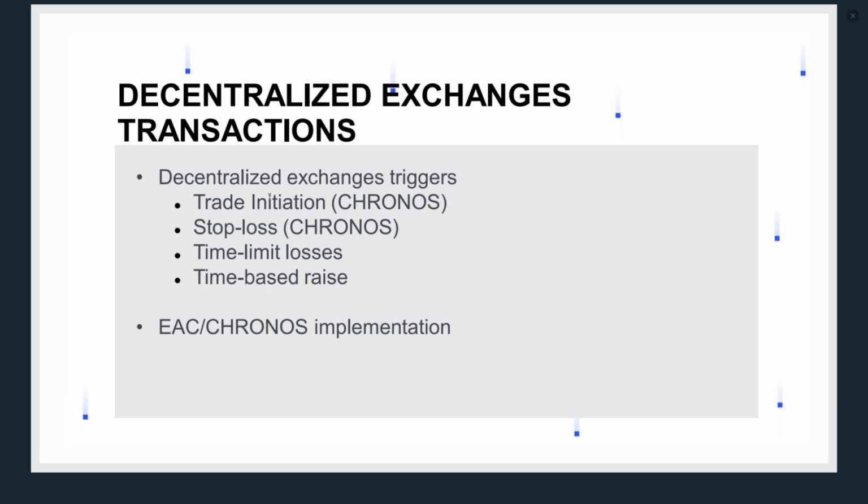But with Chronos, things get far more interesting, where you're able to, using the price, since we know the prices exist on the chain and you don't need an external oracle, you're able to trigger transactions like a stop loss, you're able to trigger a new trade, you're able to look for those arbitrages between the exchanges and move your funds automatically, well, not automatically but autonomously, without worrying yourself.